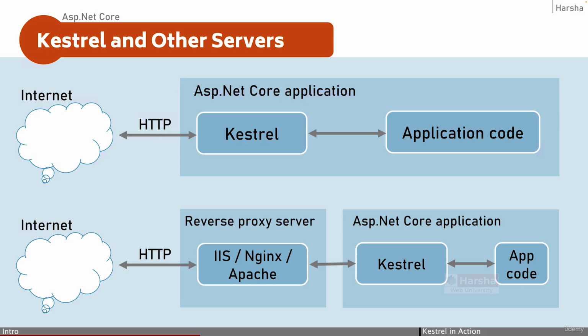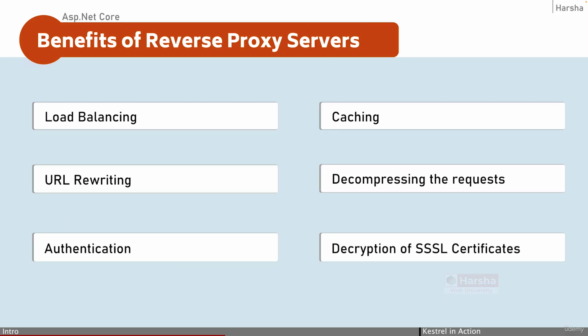Most websites today use a reverse proxy server. Meaning the actual request from the client will be received by a reverse proxy server such as IIS, Nginx, or Apache. And these reverse proxy servers offer advanced features such as load balancing, URL rewriting, authentication, caching, etc.